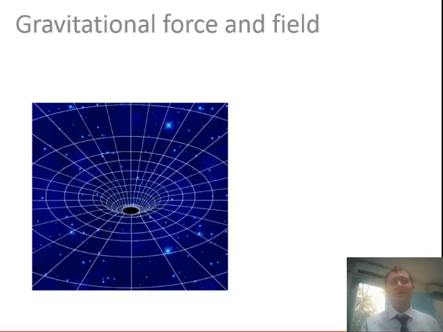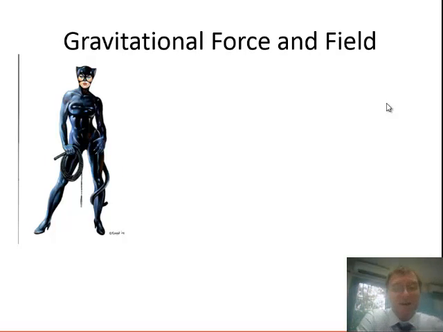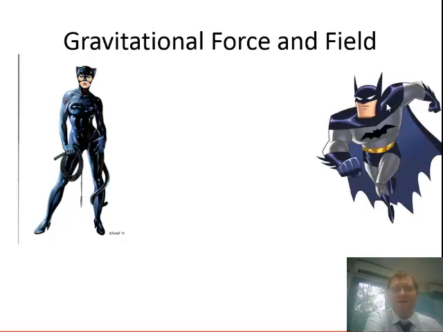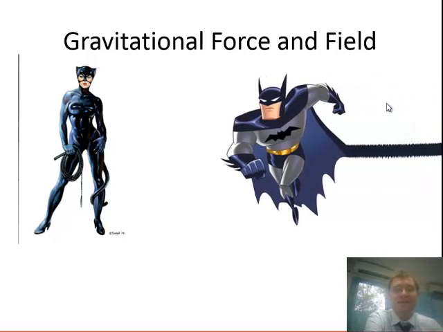So to start off, a gravitational field is just the area in which there is a gravitational attraction. Let's go into a little bit more detail here. Imagine I have Catwoman. Catwoman has a mass. Now that mass means that there is automatically an attraction of any other mass to the mass of Catwoman.